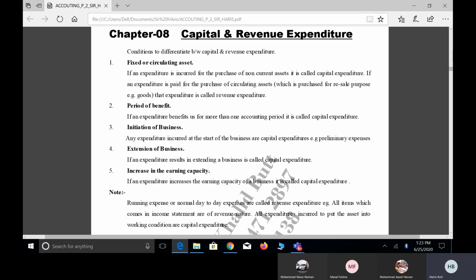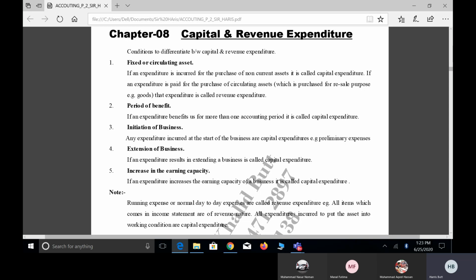So all these expenditures are capital expenditures, because they are incurred on the purchase of a non-current asset. Machinery, AC purchase, that will be called capital expenditure.